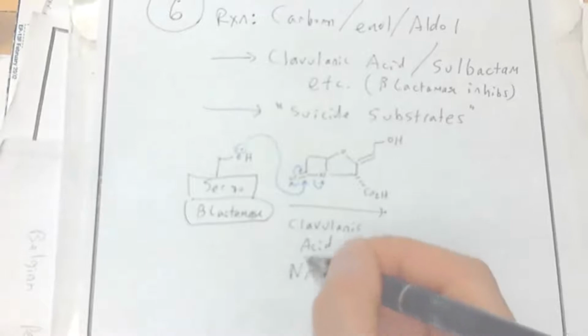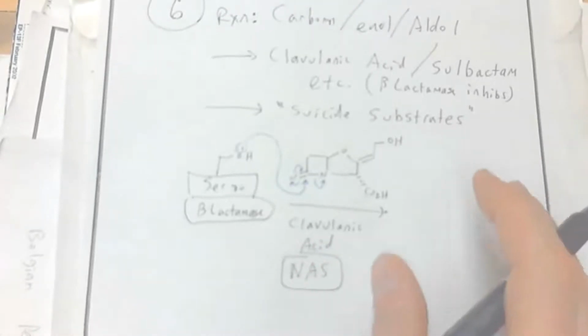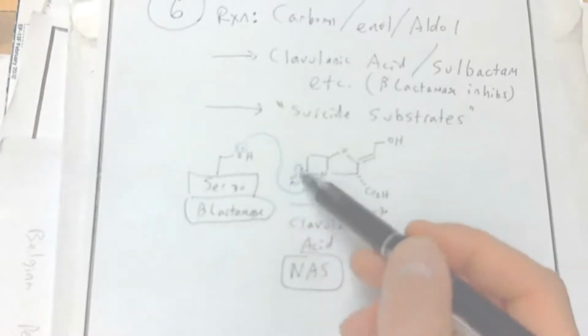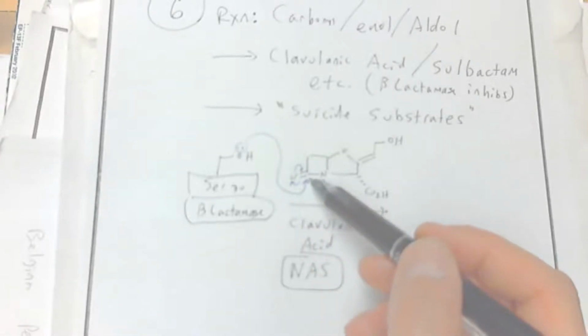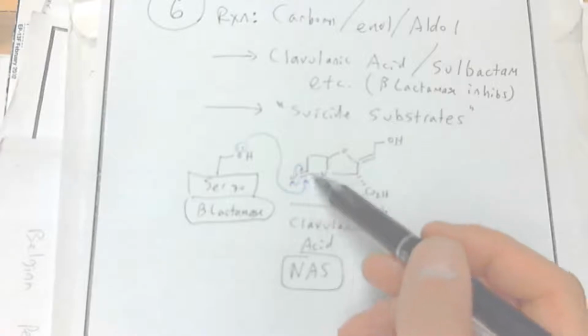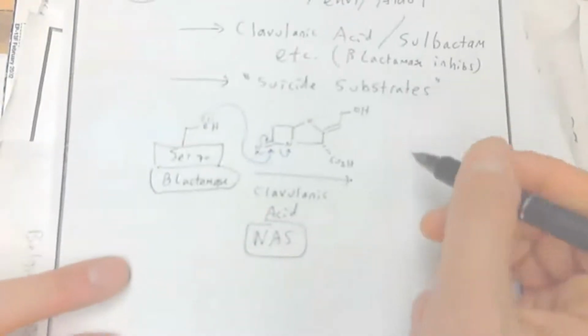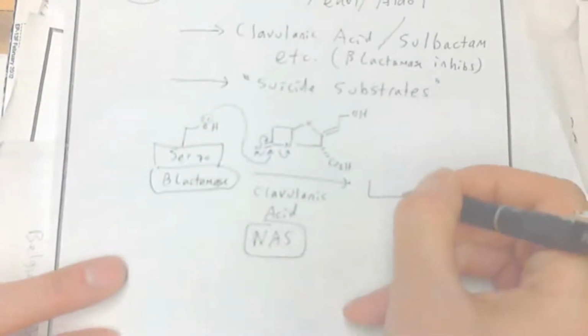That's what we love to call NAS, nucleophilic acyl substitution. Not everybody loves to call it that, but I certainly do. Oxygen attacks, electrons onto the oxygen, they break back off and cleave the beta-lactam. And then you've attached to serine 70, right?